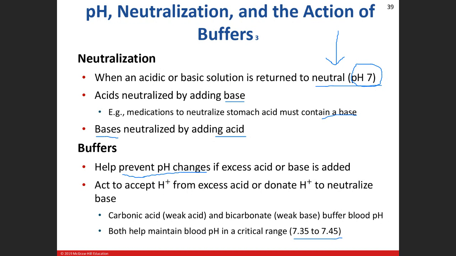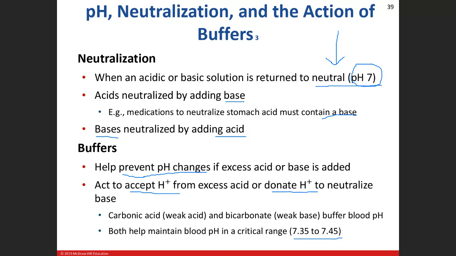And so your body has these buffer systems that help to prevent it from getting outside of that normal range. So what will happen is we can start accepting those proton ions, or we can start donating those proton ions or those hydrogen ions to help neutralize whatever it is that's causing that pH to shift in one direction or the other.